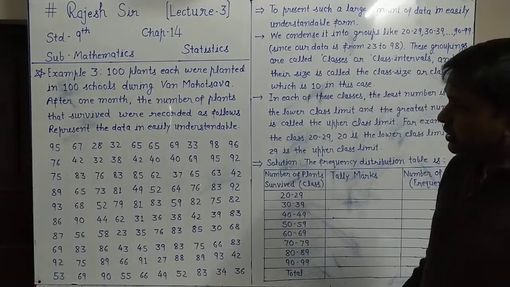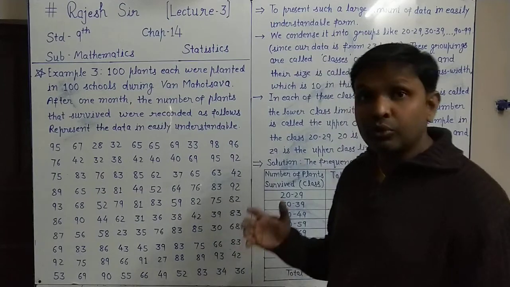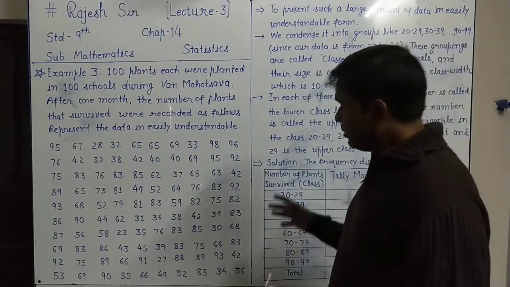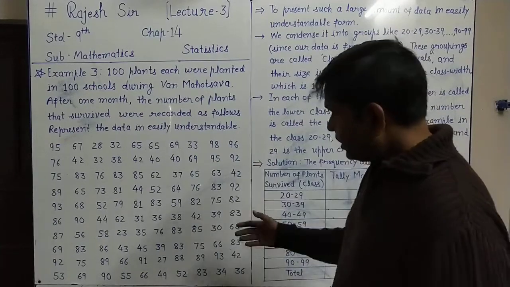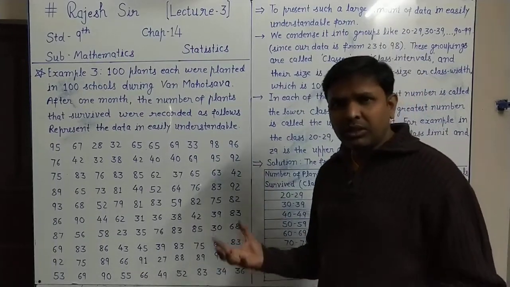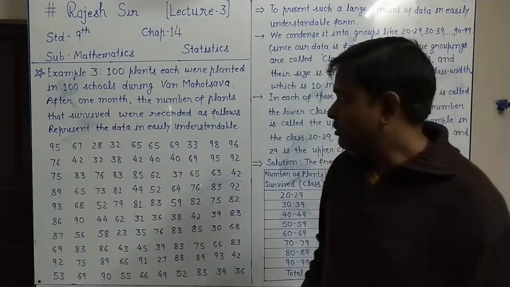If you see, this data at first glance looks so large, and if we have to read all 100 data values and understand them, it is a more complicated way of presentation.